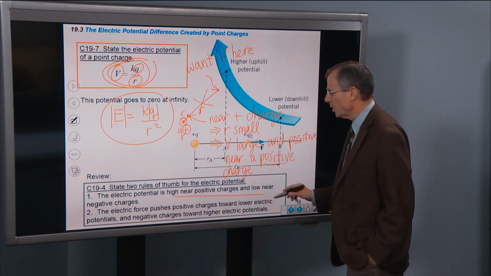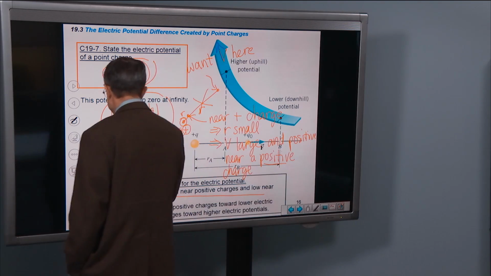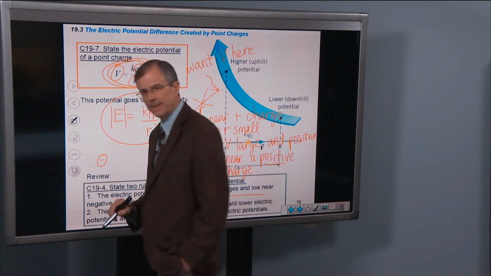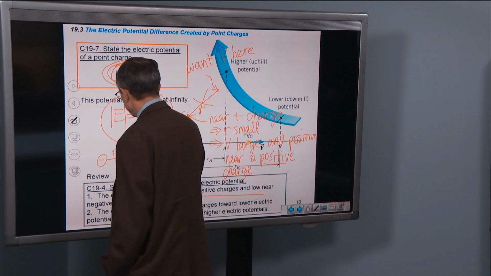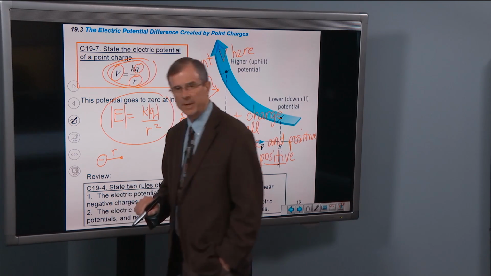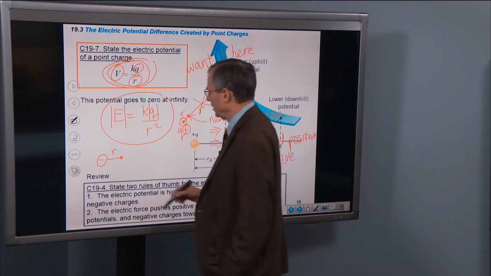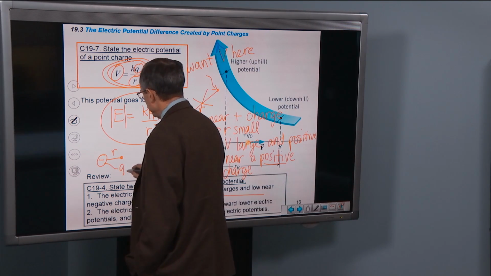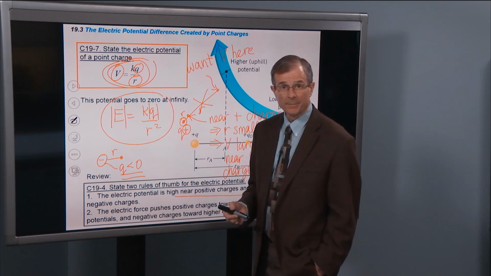Is it low near negative charges? Well, what if this charge is negative? So we've got a negative charge here, and I'm interested in the electric potential a distance r away from that negative charge. And let's say r is pretty small. If the charge is negative, Q is less than 0. It's a negative number, right?